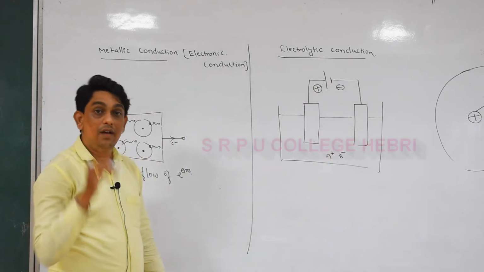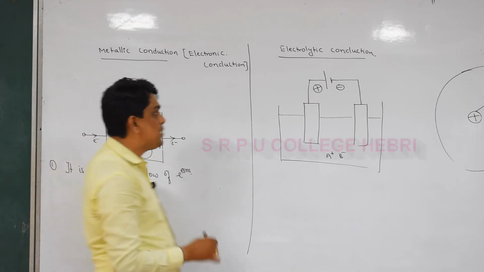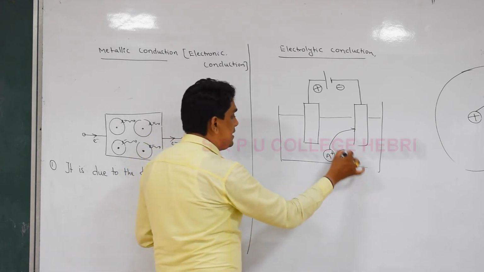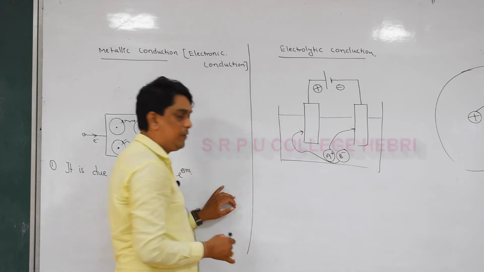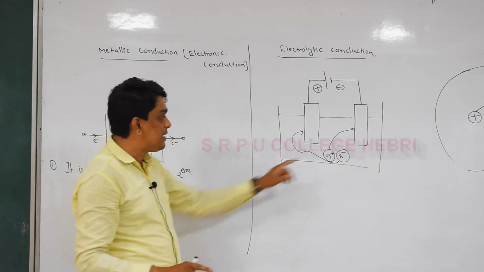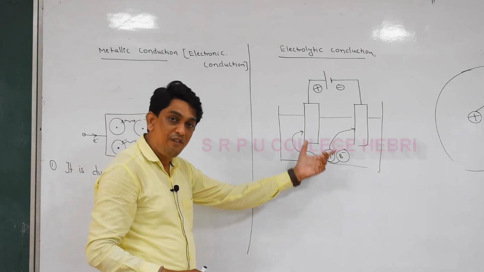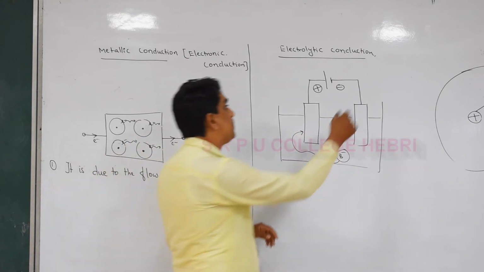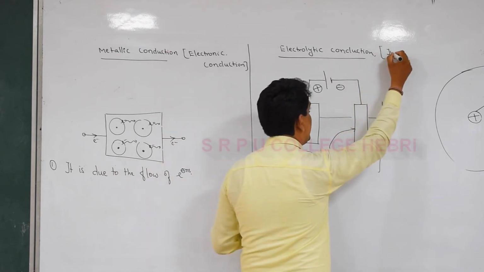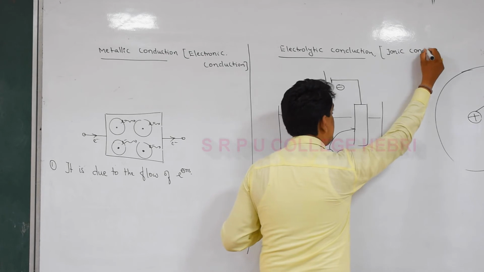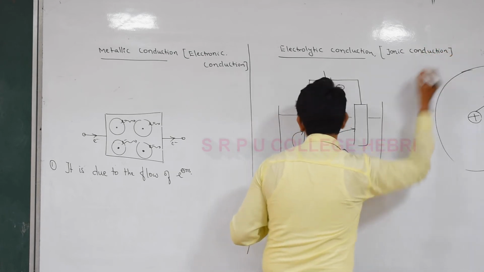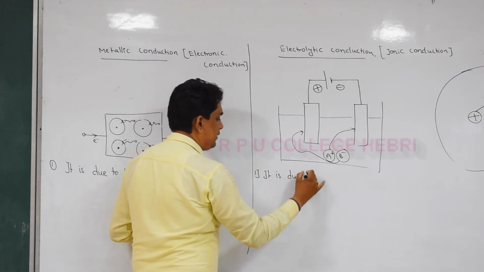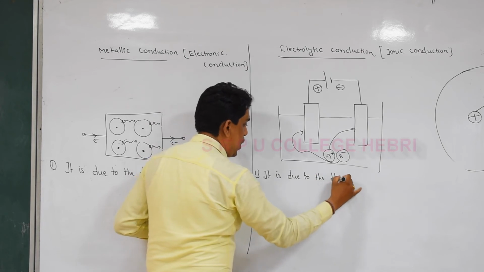When you apply the electric field, A plus moves towards the negative electrode and B minus moves towards the positive electrode. You can see electrolytic conduction is due to the movement of ions. Therefore we call electrolytic conduction also ionic conduction. Please mention that in the bracket in the heading. So write the first point: it is due to the flow of ions.